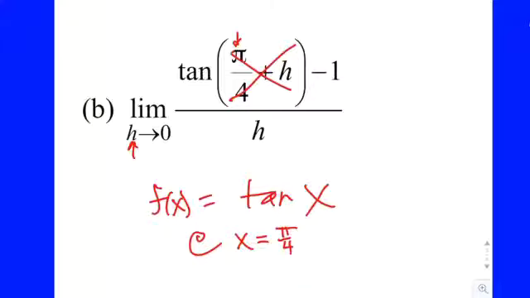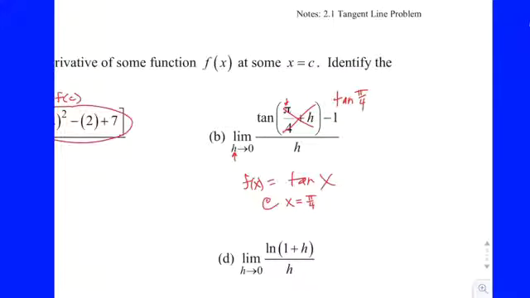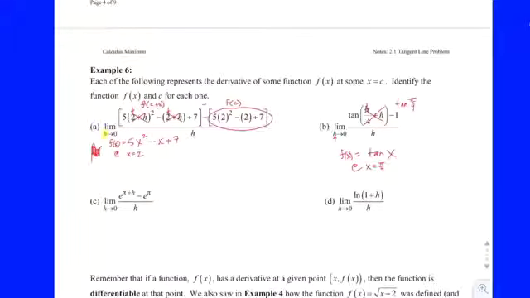So that minus 1, that must be the function evaluated at pi fourths, right? What is tangent of pi fourths? 1. Yeah, so like I said, that last part is not always going to be set up so pretty that you could just extract it from there. It's usually going to be evaluated because it will be a constant, but that's why it's 1.